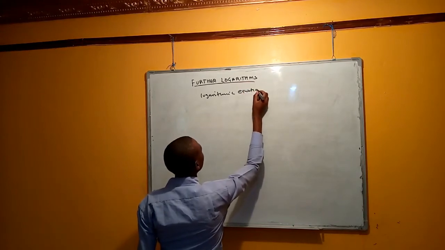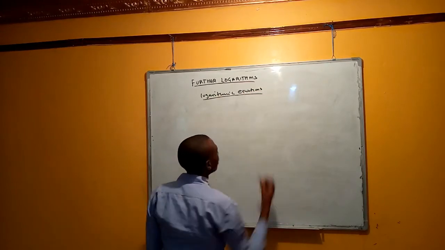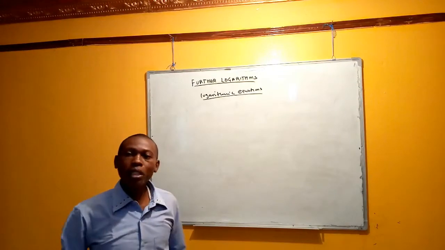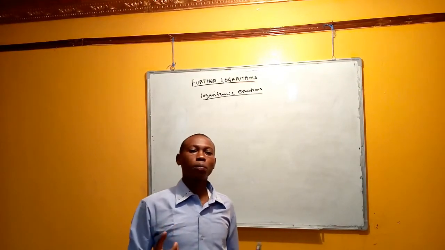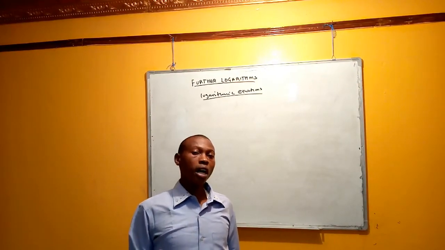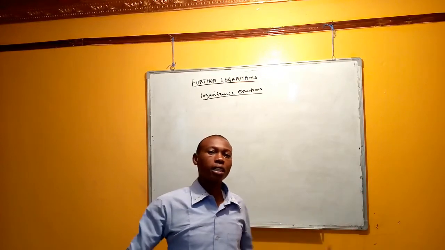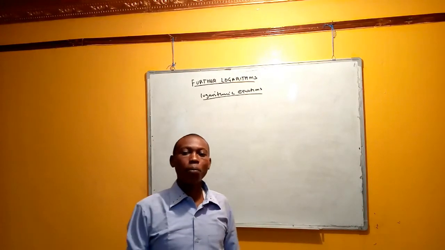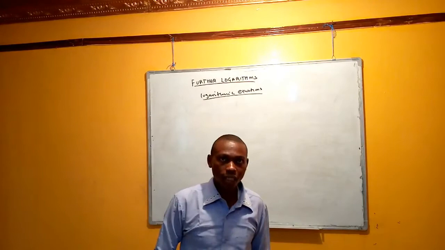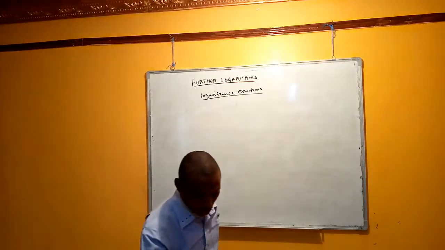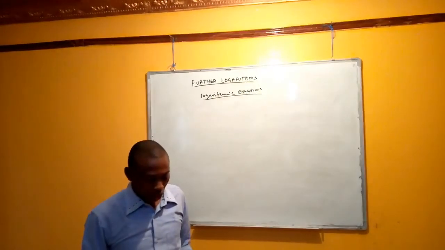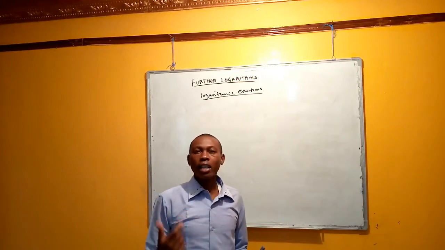We have said that logarithmic equations differ from expressions because they have two sides, the left hand side and the right hand side, separated by an equal sign. So that is the difference between an equation and an expression.